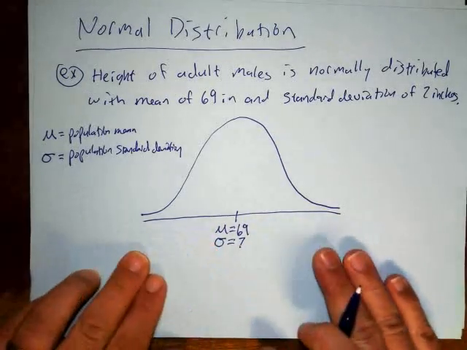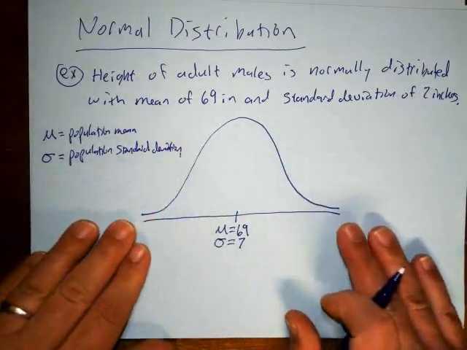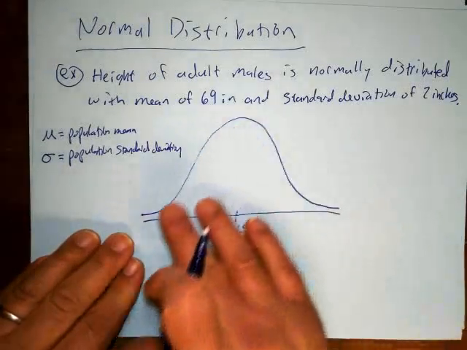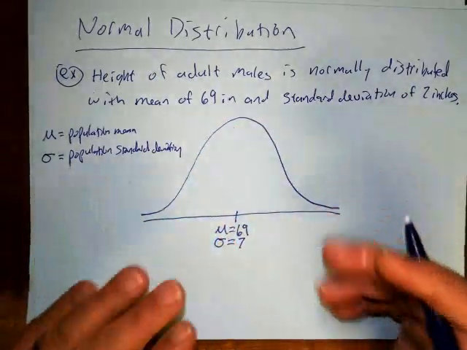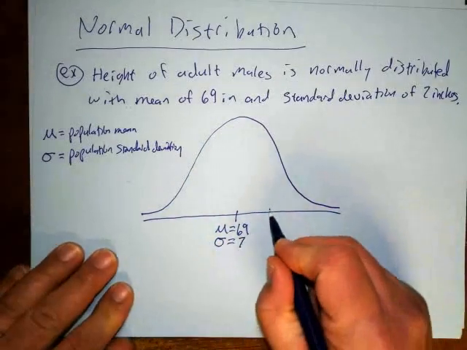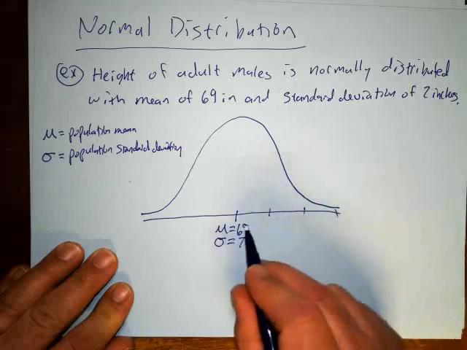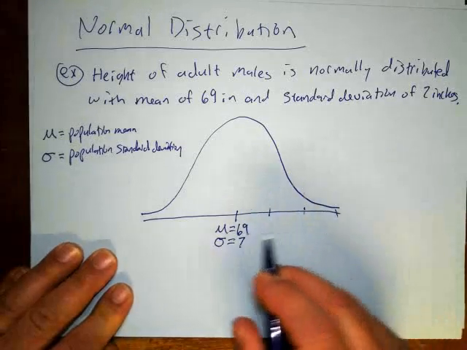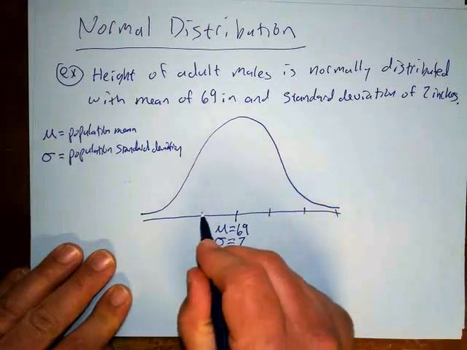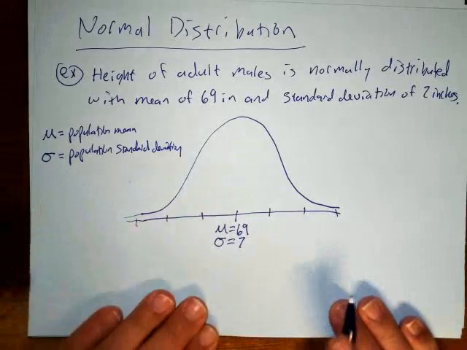Now, as it turns out, all normal distributions have that same shape. The scale along the bottom might be different, but they all have this bell shape, and pretty much all of the data is within 3 standard deviations from the mean. So I can count off 1, 2, 3, equally divided to the right of the mean, and to the left of the mean, 1, 2, 3, like that.